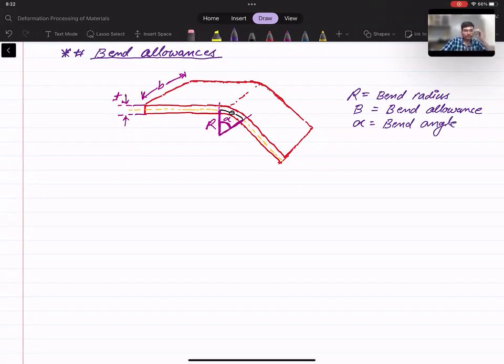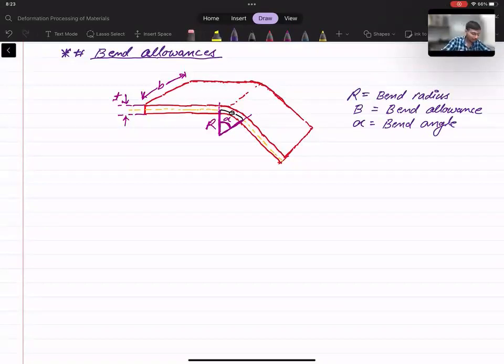So let us now see after bending what happens to this. Means how the spring back is important, because spring back or elastic recovery will lead to some recovery in the dimensions. So suppose we have to reach some dimension or bending extent, then we need to bend this much, and this much will be the allowance, and it will recover this much, and finally we'll get this shape which we want.